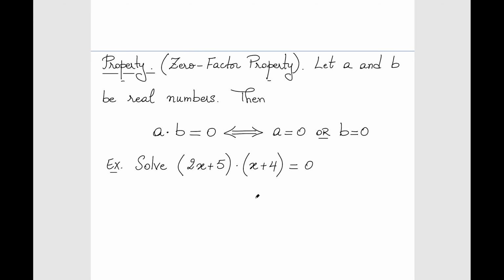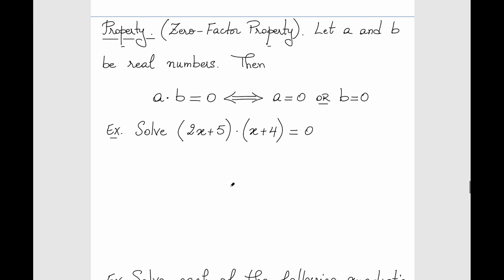Okay, let's take an example. Solve 2x plus 5 times x plus 4 equals 0. So solve this product being 0. Well, the zero factor property is certainly going to be involved in this game. Why? Because I have a product of two things to equal 0. And the product is 0 precisely when one of its factors is going to be 0.